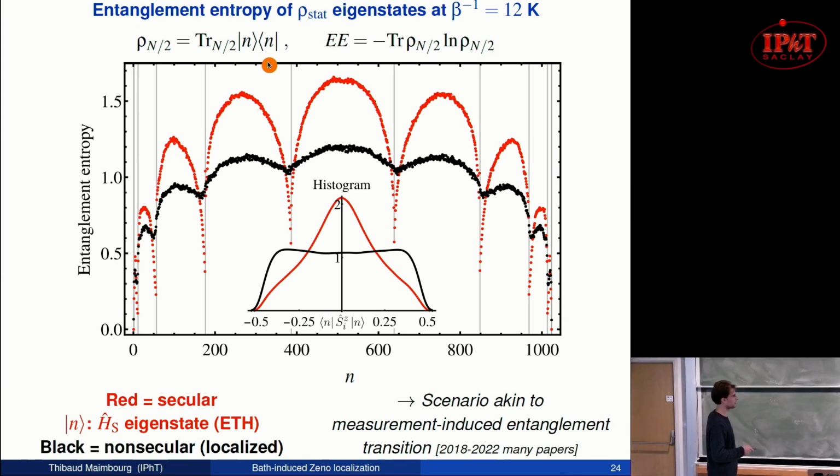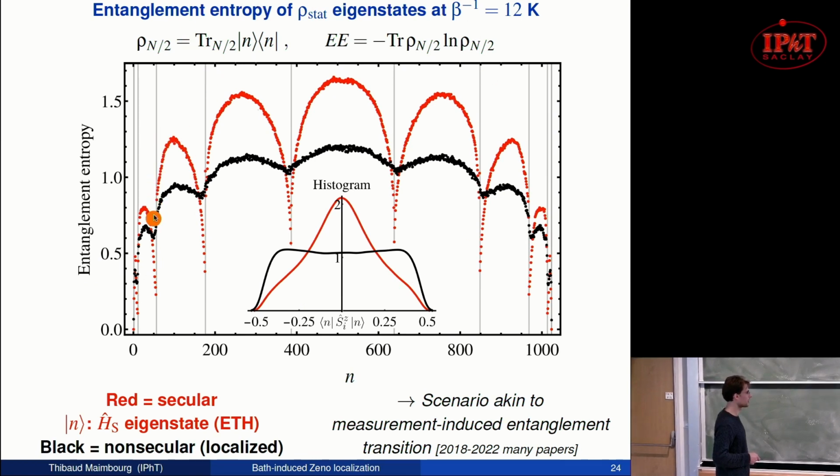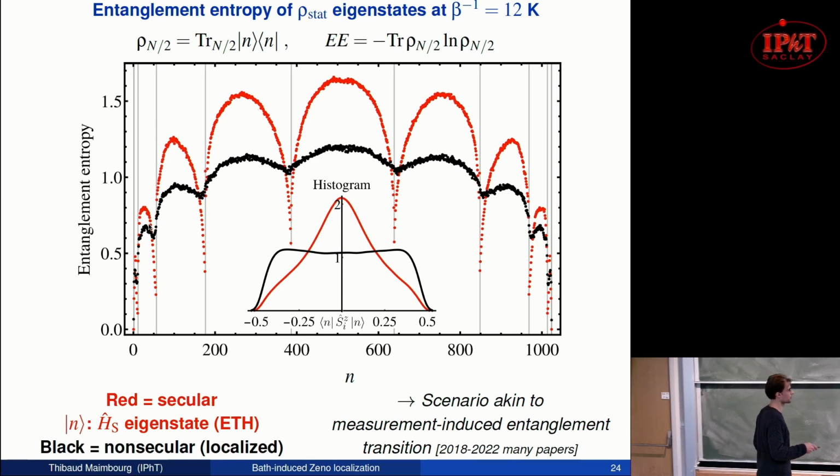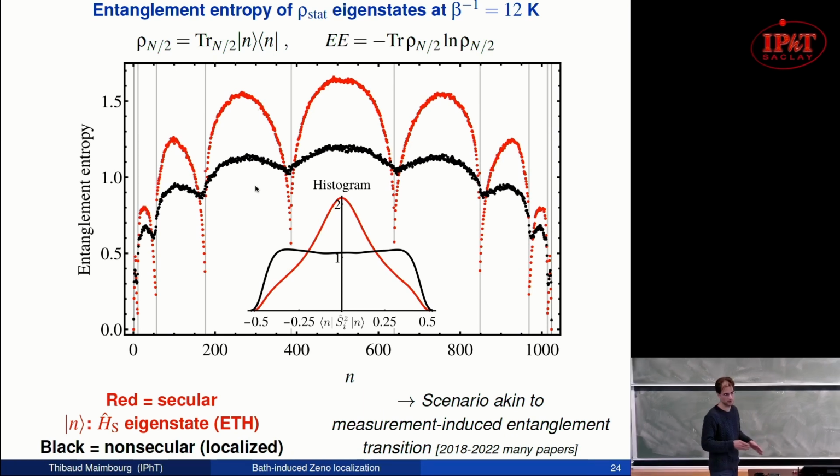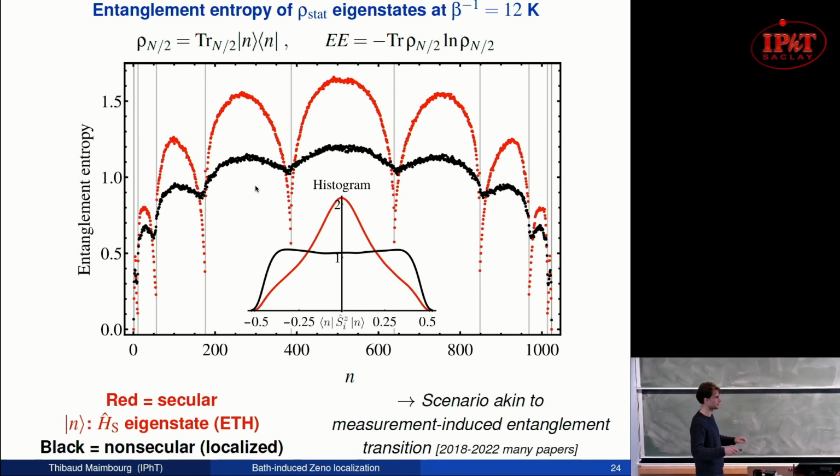Here it's not 12 spins, it's 10 spins. You get, in red, what you would get with a secular approximation, kind of high entanglement, while in the non-secular case the entanglement is reduced. It's not zero. Before, in the unrealistic case, you really go to zero entanglement for purely localized states. Here the states are not ETH but a bit dressed.